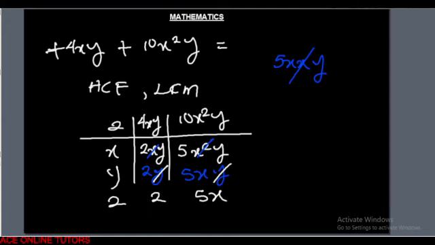But if it is HCF, you stop when the same value cannot divide the two. So what's going to be the HCF? You just multiply these guys that we are having: 2 times x times y. So that will give us 2xy. That is our HCF.